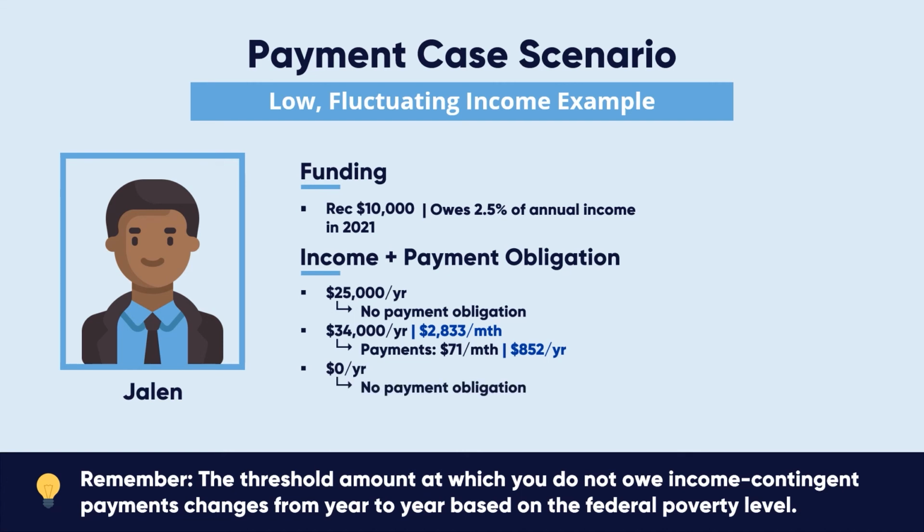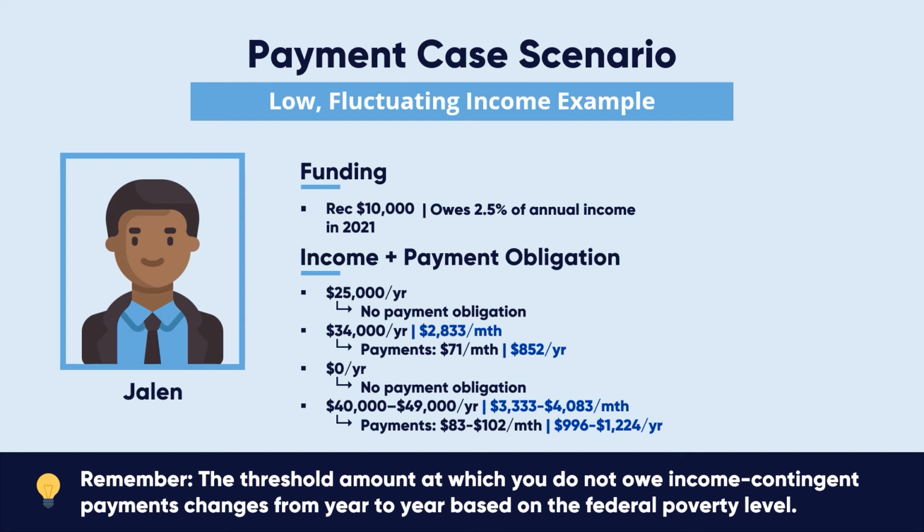After 5 years, Jalen rejoins the workforce and makes between $40,000 and $49,000 a year. Throughout this time, Jalen does not miss any payments. He made payments any year that his annual income was over the threshold amount.